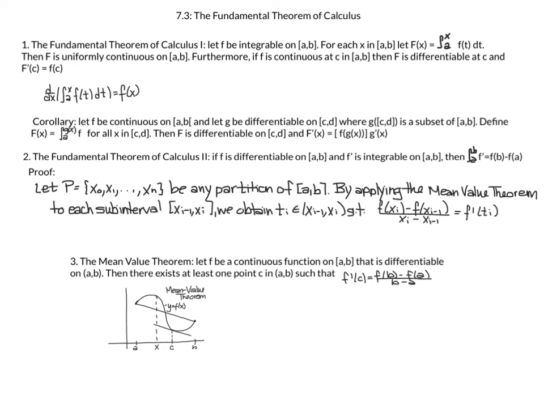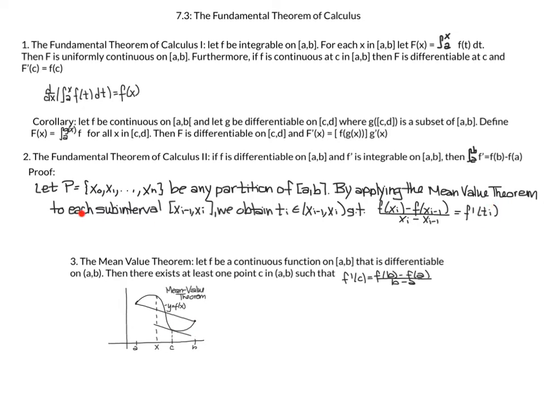Now by the mean value theorem, which I have written here for your reference, if you have a continuous function on [a, b] that is differentiable on the open interval, then there exists at least one point c in (a, b) such that the derivative of f at c is equal to the slope between the points f of a and f of b.